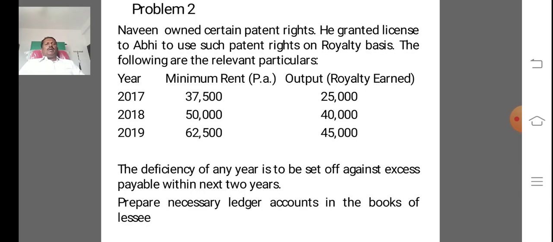So in this problem, output is not given directly, royalty earned is given, minimum rent is not fixed, variation. The short workings of any year is to be set off within next 2 years. The question is, prepare necessary ledger accounts in the books of lessee.